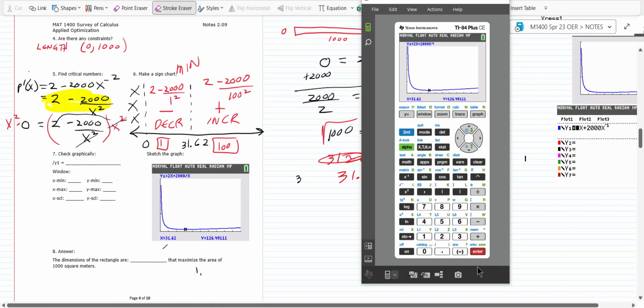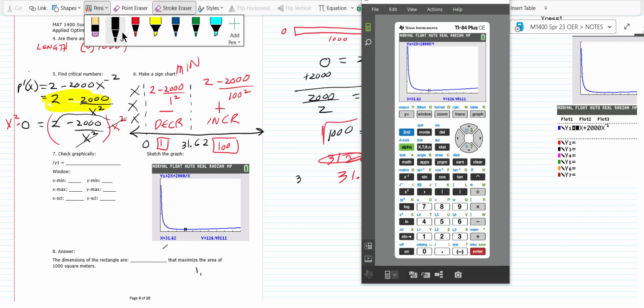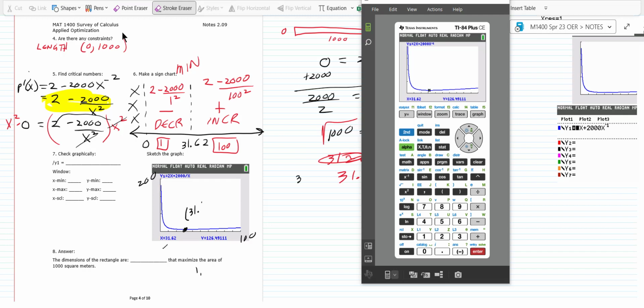So really all I want you to do on this is just make a very rough sketch of this graph. You've got 100 there. I think this was 2,000. And then just label that point as 31.62 and 126.5 approximately.